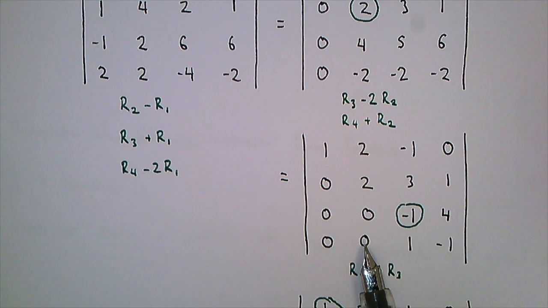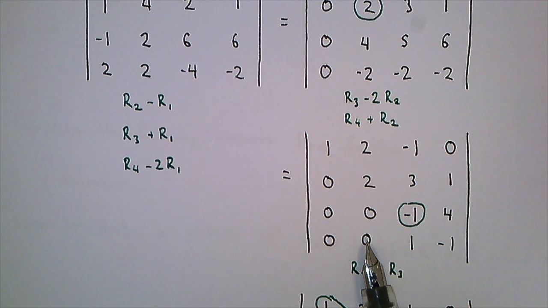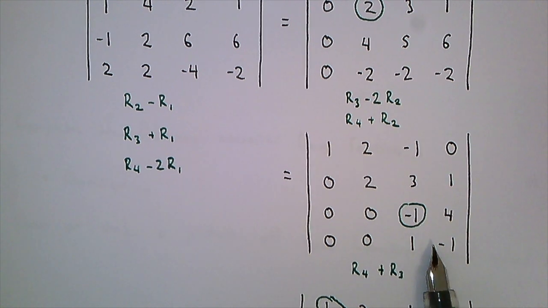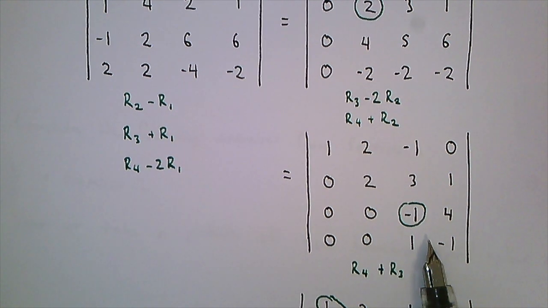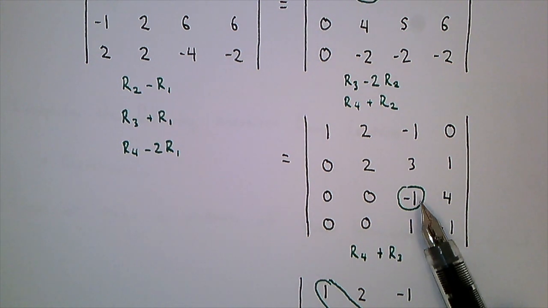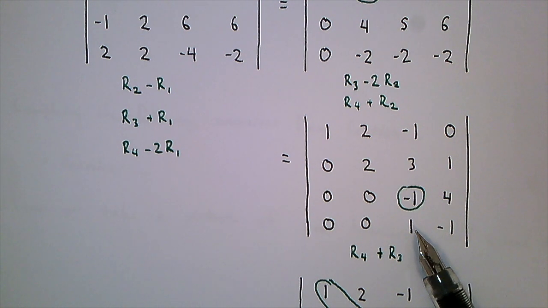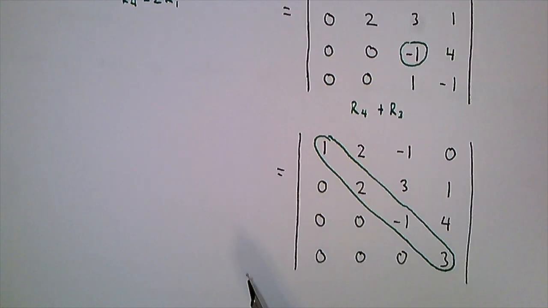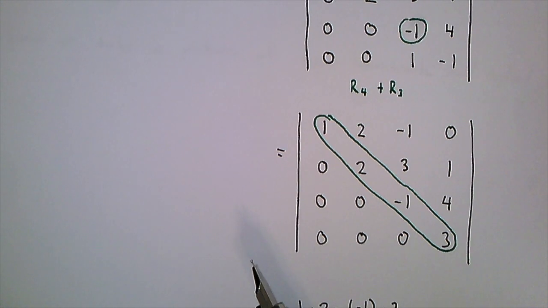And to finish off, to get an upper triangular matrix, we just have to make a 0 in this position. So in order to get that 0, I'll take this -1 in row 3 and add to row 4. So we do that final operation.